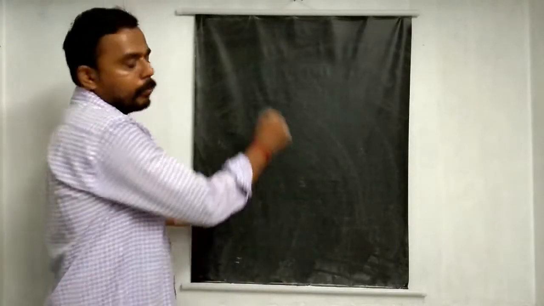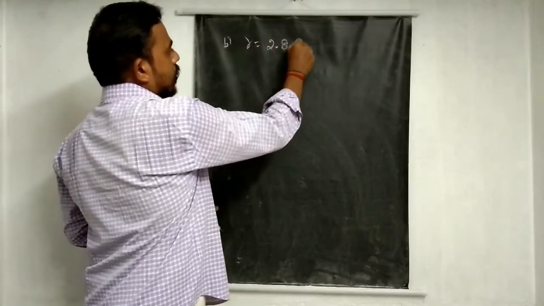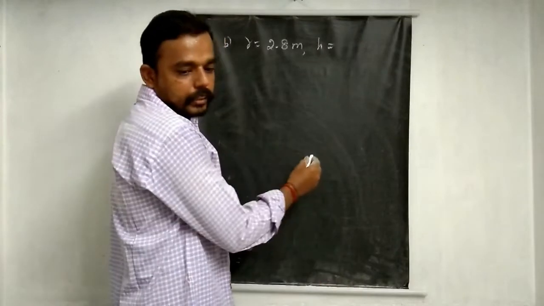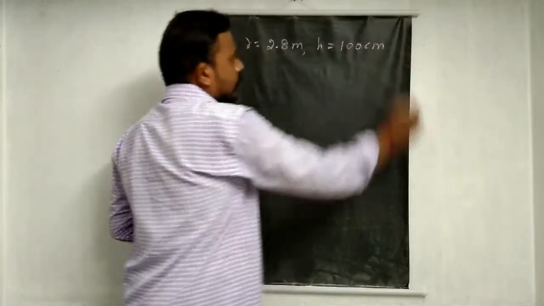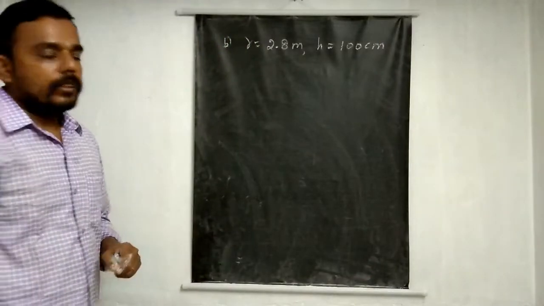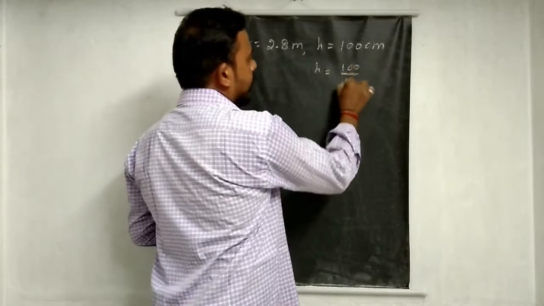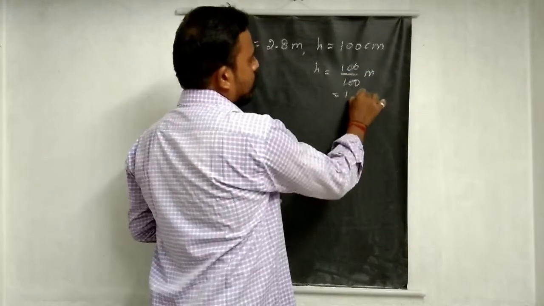Next, R equal to 2.8 and H equal to 100 centimeter. Here the R value is in meter, no problem. The H value is the same, 100 divided by 100, changed into meter, that is 1 meter.